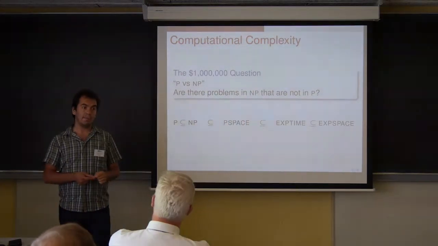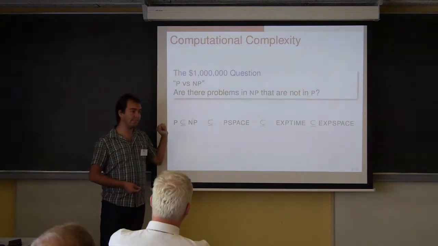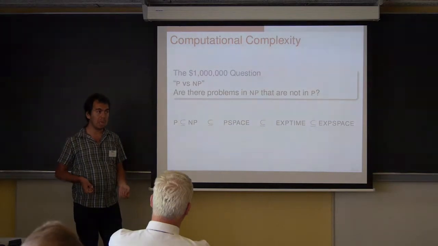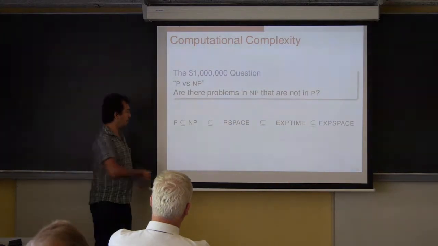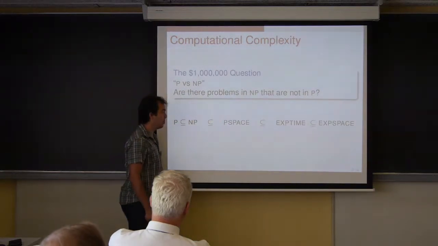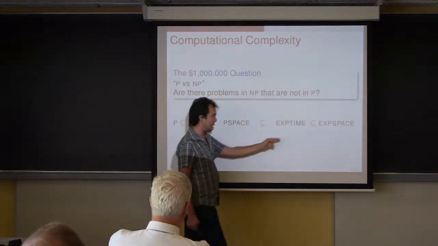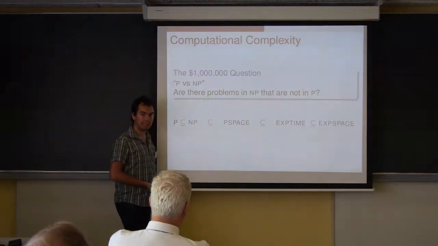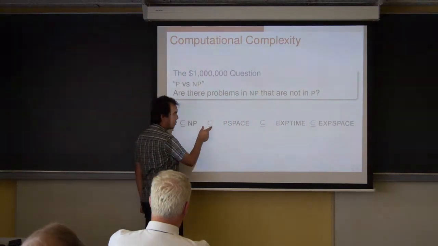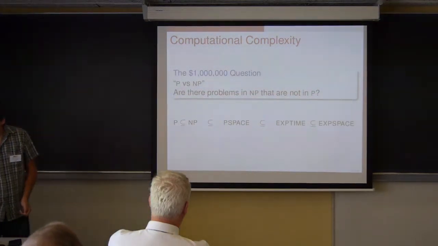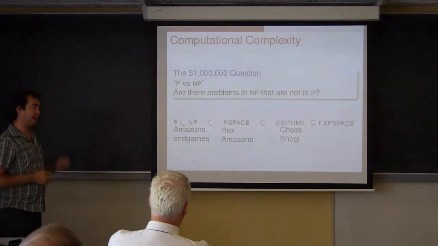And they all follow such a hierarchy, and we don't know if any of these inclusions is strict. There are things that we know. We know, for instance, that P is strictly contained in EXPTIME. We know that PSPACE is strictly contained in EXPSPACE. But where does the strictness come from? Is it here, here, here, all over? We don't know yet.